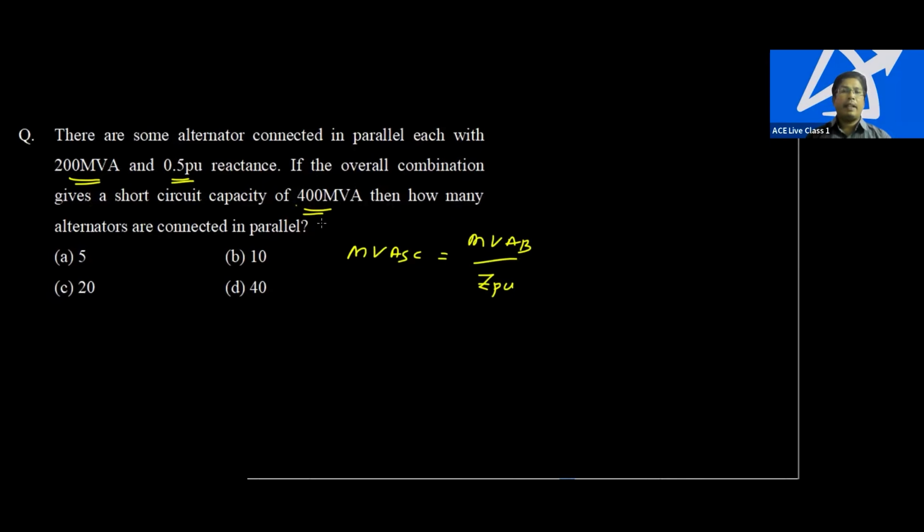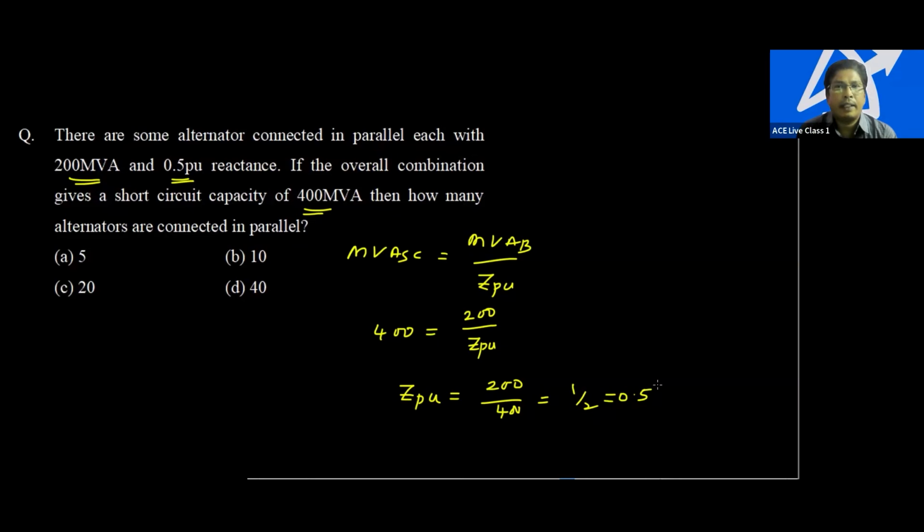Here MVA SC is 400. Z per unit is nothing but 200 divided by 400. How much will it be? 1 by 2 is 0.5.